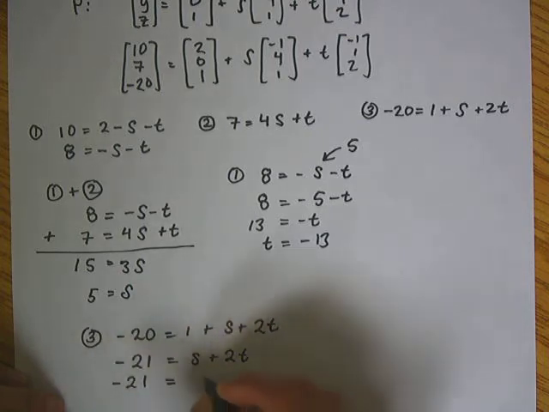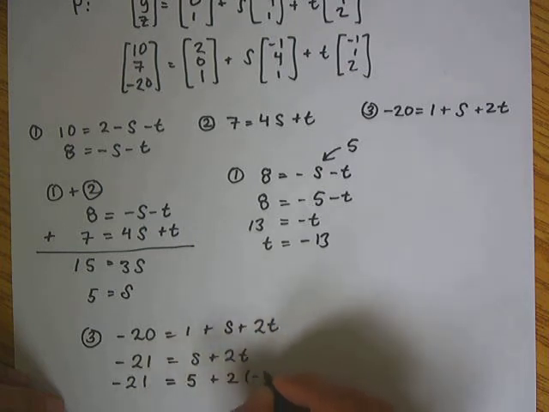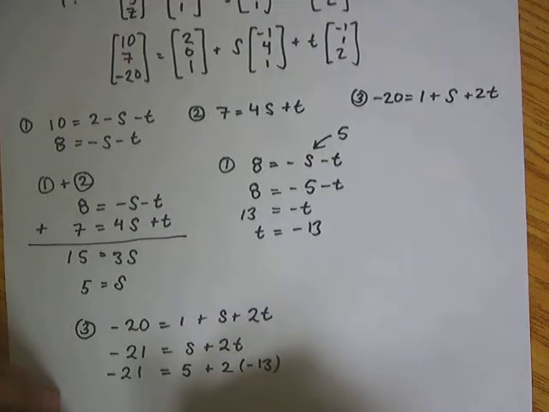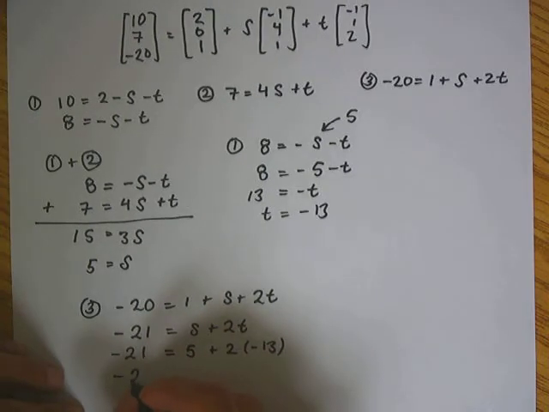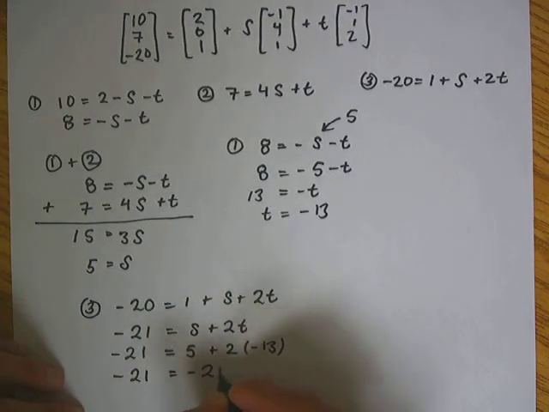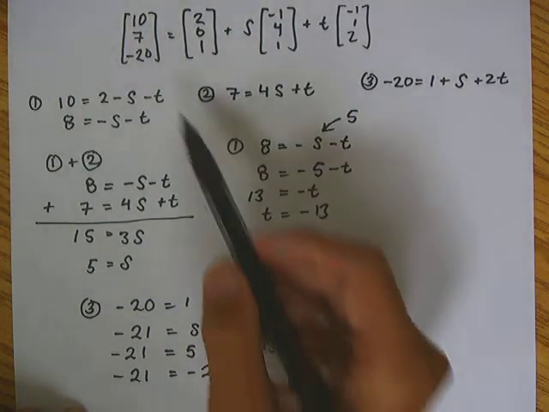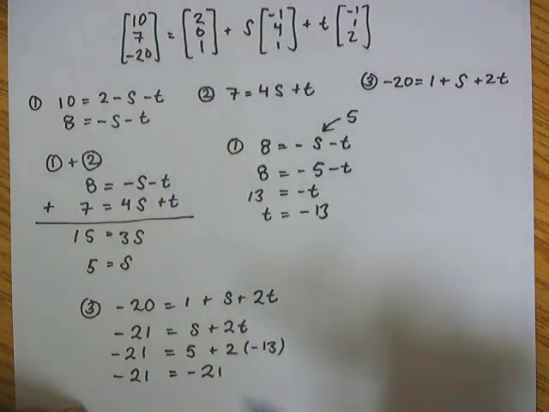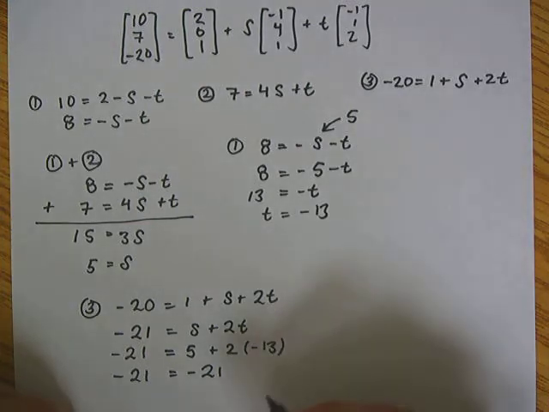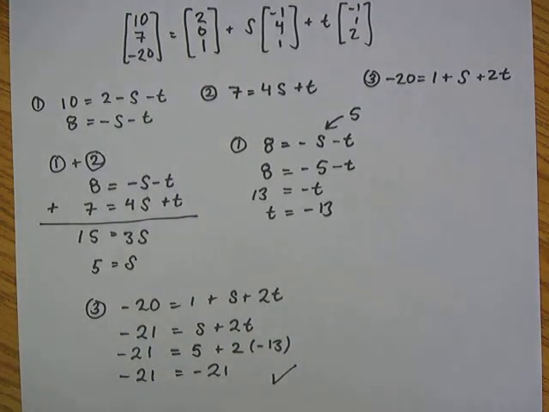So let's sub in our values of s and t. We end up with negative 21 on both sides. So that tells us that the point (10, 7, -20) is on our plane P.